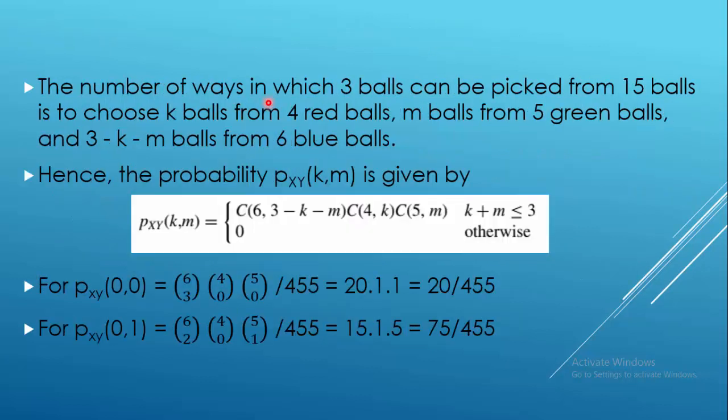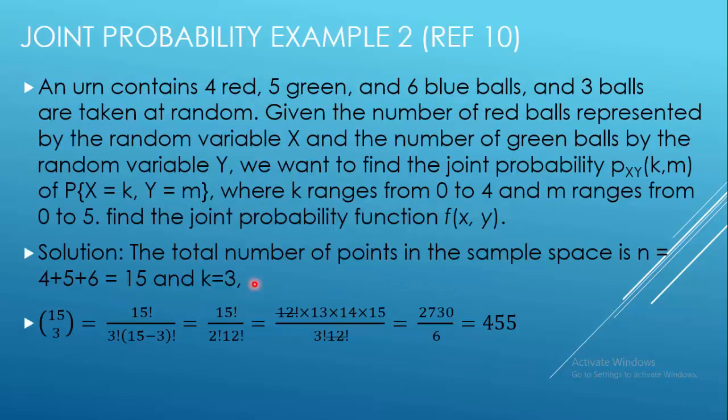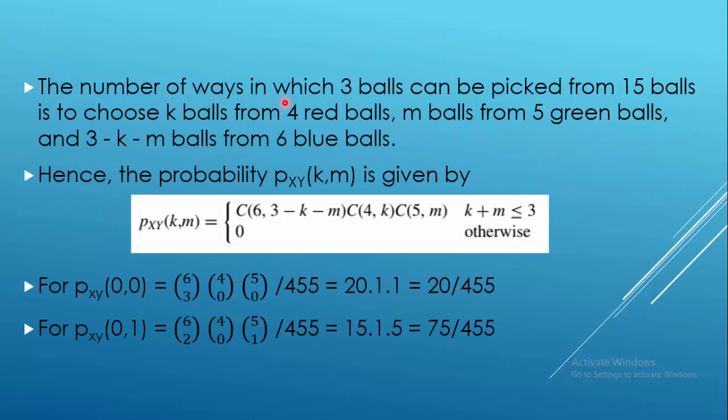So in that case, as we expected, all the 3 balls are blue balls. C(6, 3), C(4, 0), where 4 represents red balls, and C(5, 0) representing green balls, because we have got 4 red balls and 5 green balls over here.